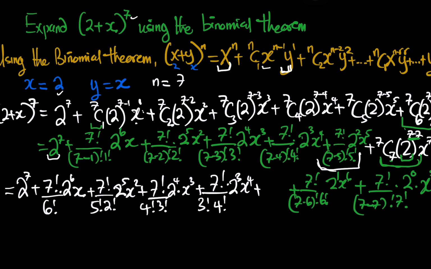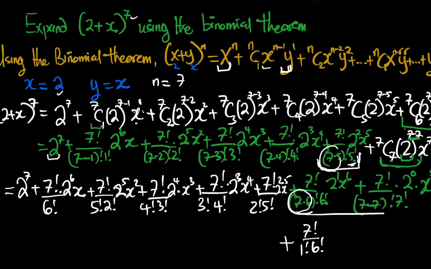Plus, in case you don't know where we are, right here, we're going to have 7 factorial divided by 2 factorial multiplied by 5 factorial, times 2 squared x to the power 5, right? And then we are left with these two terms. We can put them right here, plus 7 factorial divided by 1 factorial, 6 factorial.